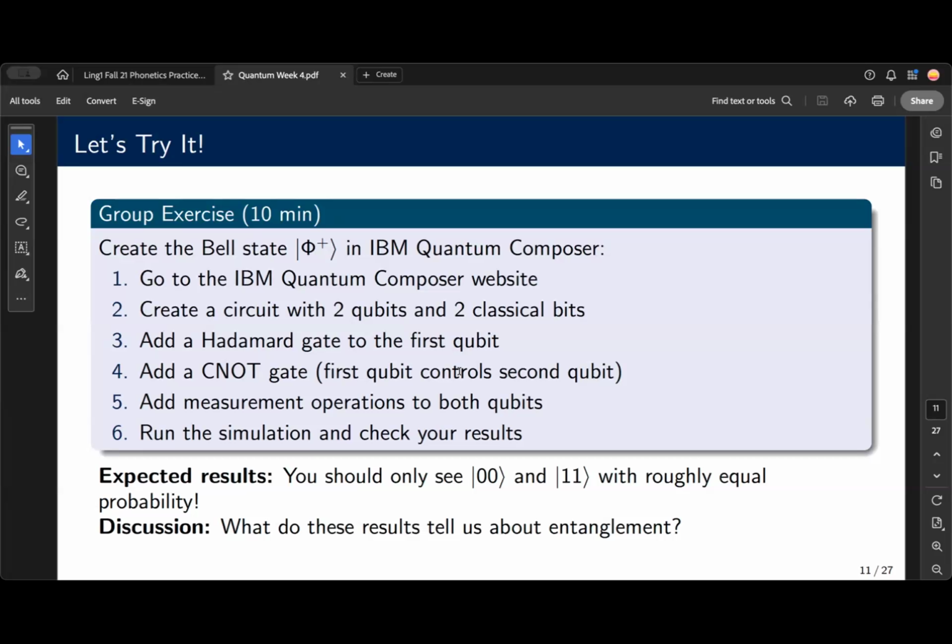So after you get this basic Bell state, you can add at least 1 more case to implement the other 3 Bell states. Should be very easy if we have time. That would be more like an exercise to practice the composer and the important gates we have.